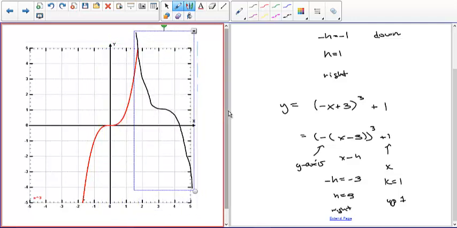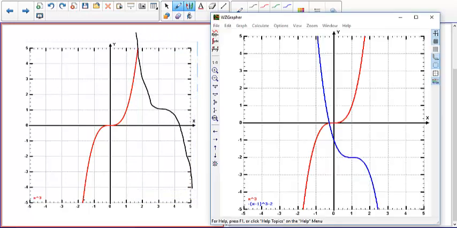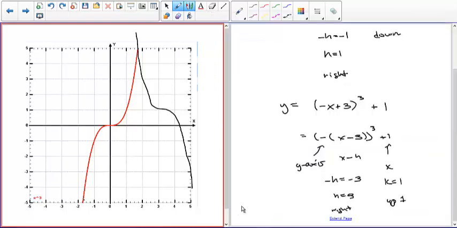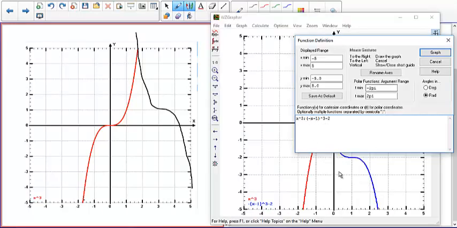Like that. And then we go over here, and the negative sign is inside. What did we have? Negative x plus 3, plus 1. Negative x plus 3 plus 1.